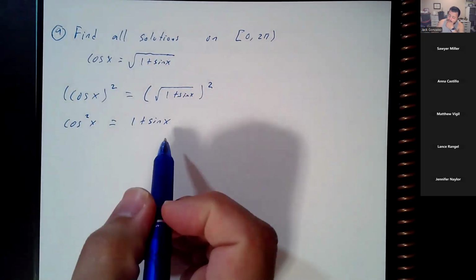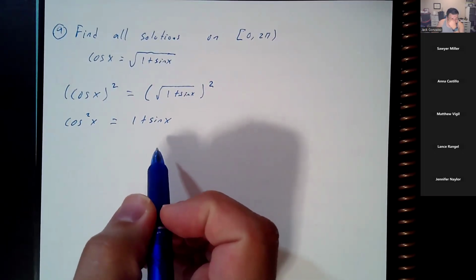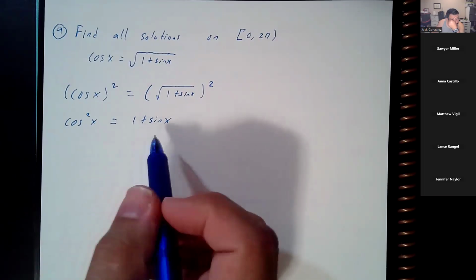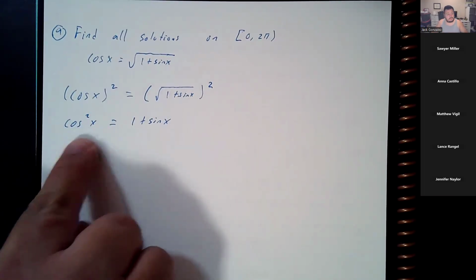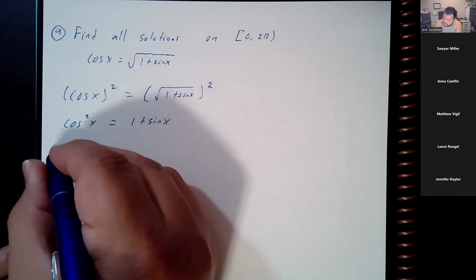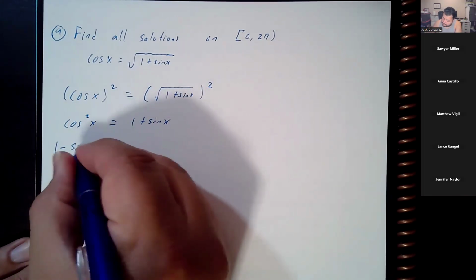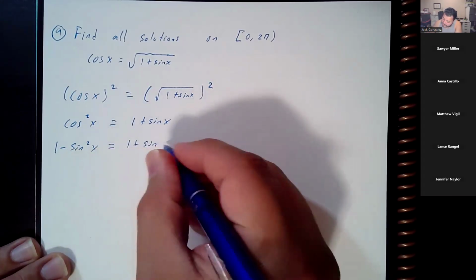Whenever you're solving equations, you want everything in terms of the same variable, or in this case, the same trig function. So use Pythagorean here since you see the square. Your instinct should tell you there's a square there, so I can do Pythagorean. I can switch this guy into 1 minus sine squared.